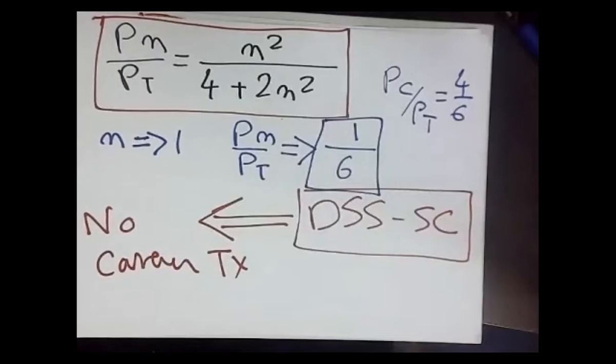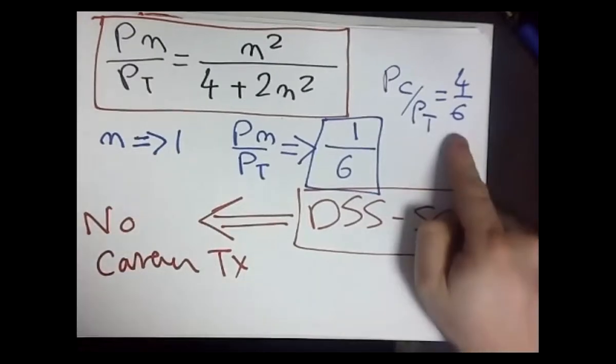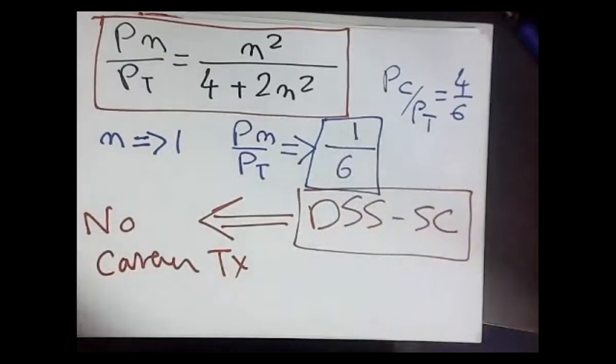Again, power is money, so you are saving money. When you turn from double-side band to double-side band suppressed carrier, you are using the same bandwidth, which is 2B. However, you reduce 66% of the power.